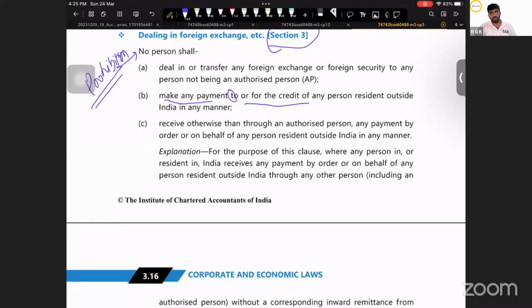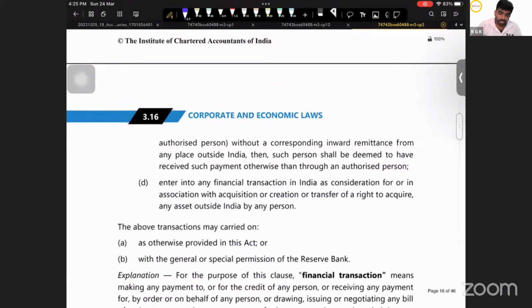For example, your brother is staying outside India, you cannot send money to him from India. Of course, ಫಾರಿನ್ ಎಕ್ಸ್ಚೇಂಜ್ ಮ್ಯಾನೇಜ್ಮೆಂಟ್ ಆಕ್ಟ್ ಯಾವ ರೀತಿ ಕಳಿಸಬಹುದು ಅಂತ ಹೇಳ್ತದೆ, ಆ ರೀತಿಯಲ್ಲಿ ಕಳಿಸಬಹುದು.